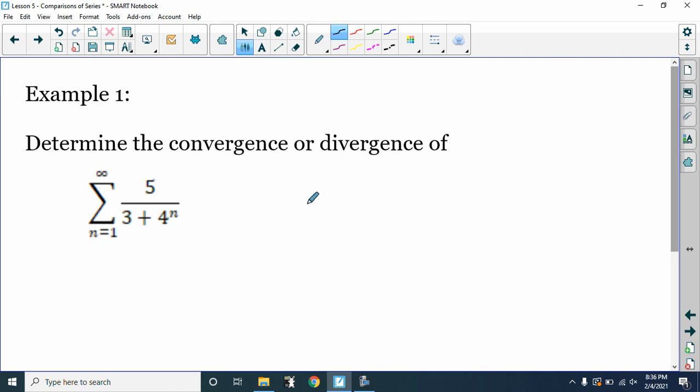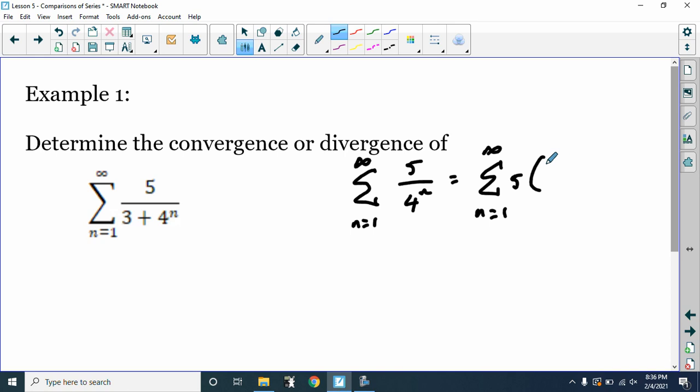And we are going to check for convergence or divergence by comparing it to the sum as n goes from 1 to infinity of 5 over 4 to the n, which notice is the same thing as the sum from 1 to infinity of 5 times, the 4's on the bottom, so 1/4 to the n.